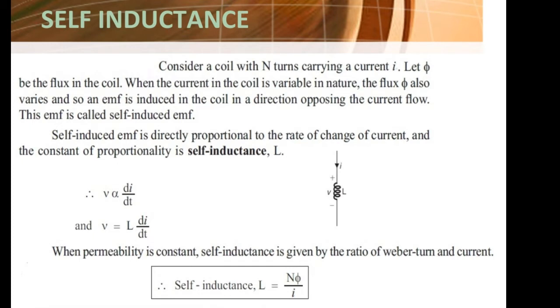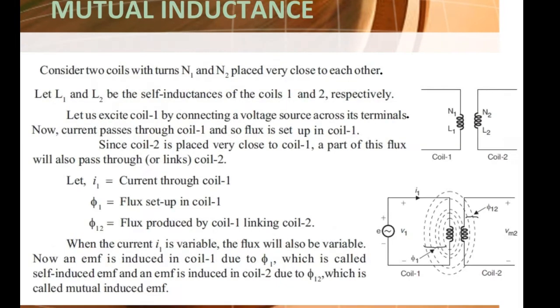This EMF is called self-induced EMF, and it is directly proportional to the rate of change of current, and the constant of proportionality is the self-inductance L. So V is proportional to di by dt; removing the proportionality, the constant becomes L. So, V is equal to L di by dt. The self-inductance L is equal to N phi by I.